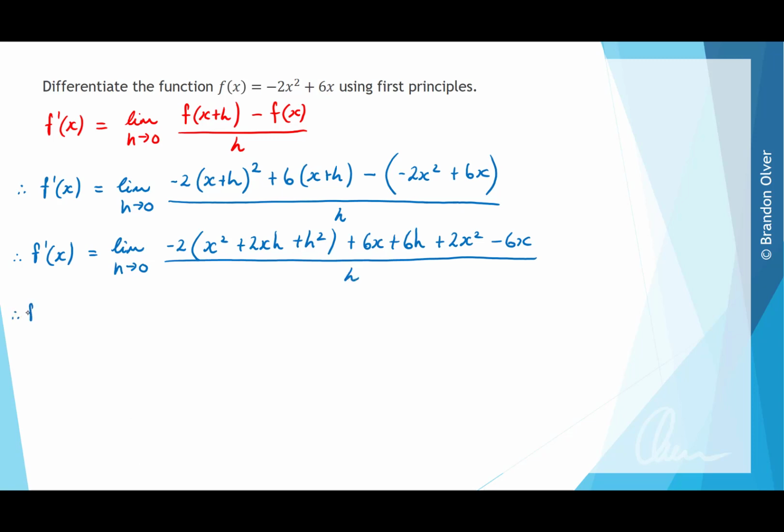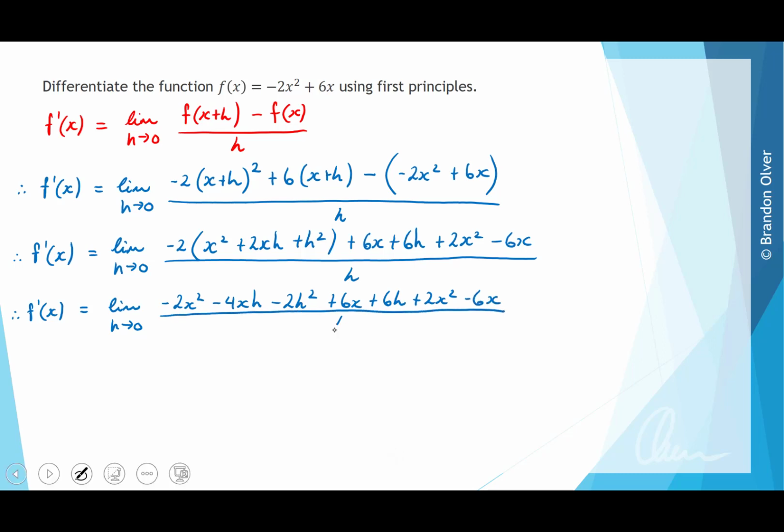Next, we're going to find that f dashed of x is equal to the limit as h approaches 0, and expanding this minus 2 through the bracket will give minus 2x squared minus 4xh minus 2h squared plus 6x plus 6h plus 2x squared minus 6x, all still divided by h.